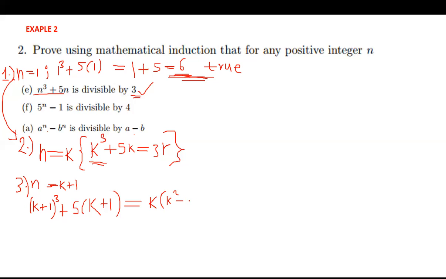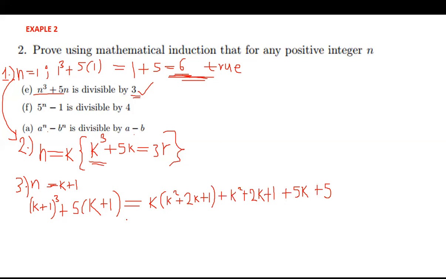So I'm going to do this: 2k plus 1, and then plus k squared plus 2k plus 1, and then I'll write this 5 times k. 5 times k gives me 5k, and 5 times 1 gives me 5. So this is what I'm going to have.